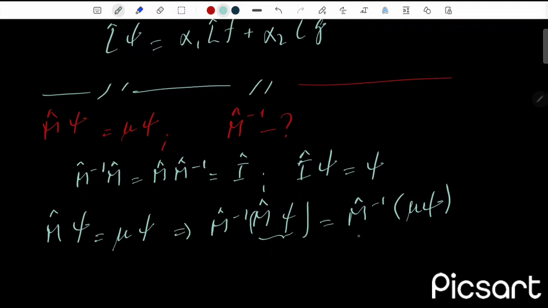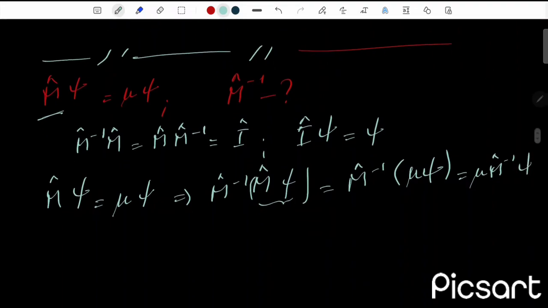And because if M is linear then its inverse is also linear, we can take out the mu, and we have mu times the inverse of M acting on the psi function.